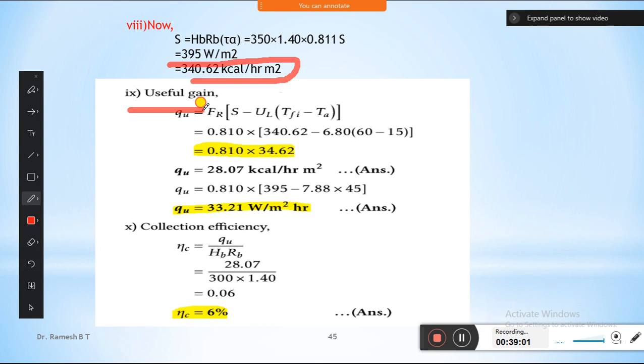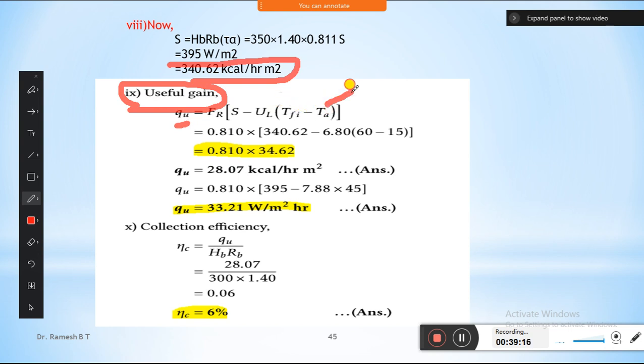And finally what we have to find out is the useful gain, that is the QU value, using the previous equations. QU is equal to FR into S minus UL into (TFI minus TA).